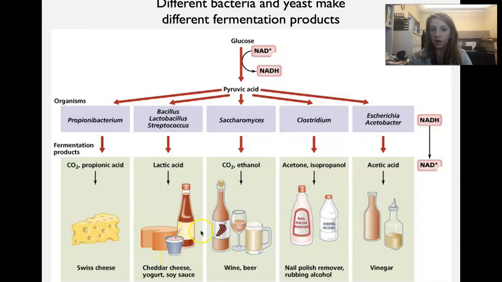Wine and beer are products of ethanol produced in the fermentation process. Products like acetone and isopropanol, which we use for nail polish removal and rubbing alcohol, are there too. And acetic acid and vinegar are also products here. So these are all different examples of ways in which these microorganisms have done anaerobic respiration. They've done glycolysis, and then they turn that pyruvic acid into other products that we then use and like.